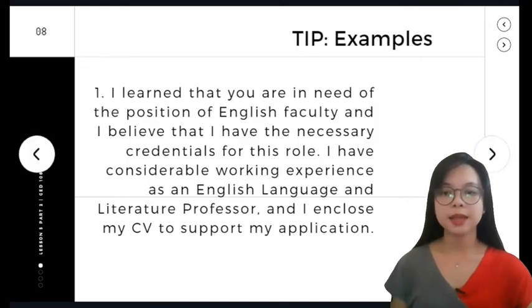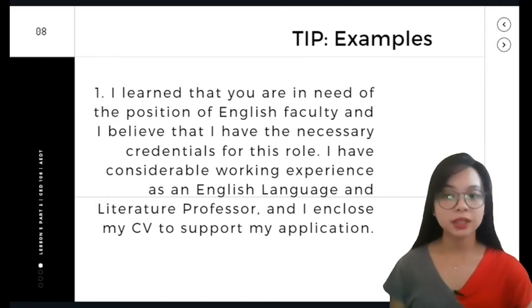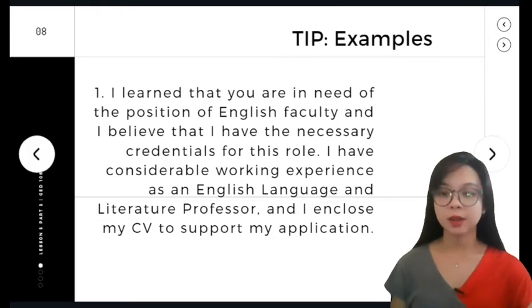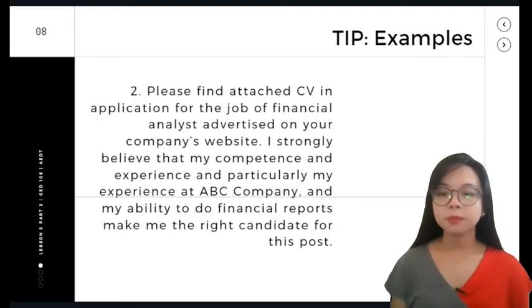So here are some examples. I learned that you are in need of the position of English faculty, and I believe that I have the necessary credentials for this role. I have considerable working experience as an English language and literature professor, and I enclose my CV to support my application. Another, please find attached CV in application for the job of financial analyst advertised on your company's website.